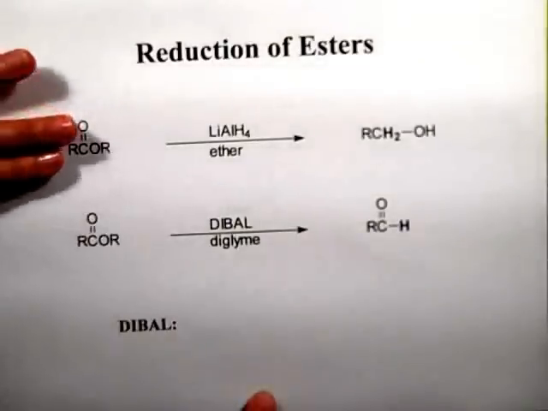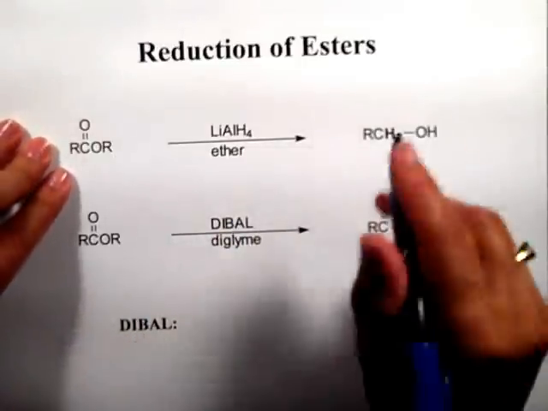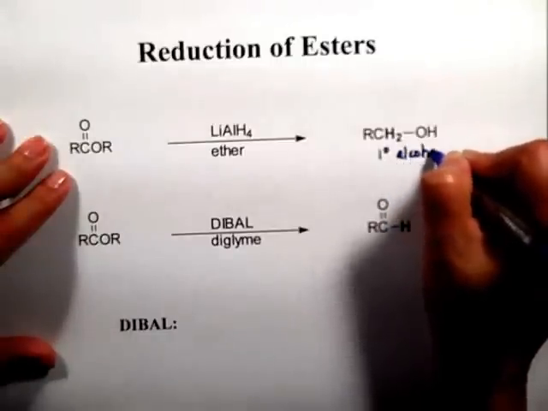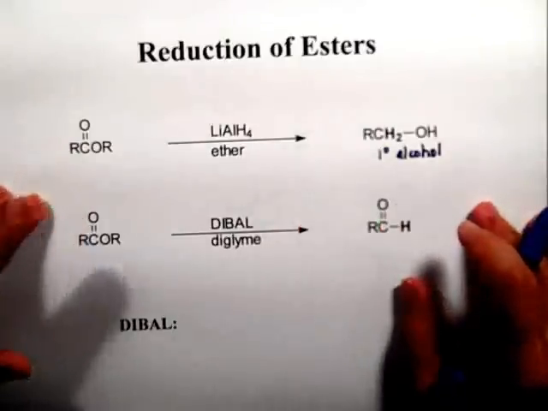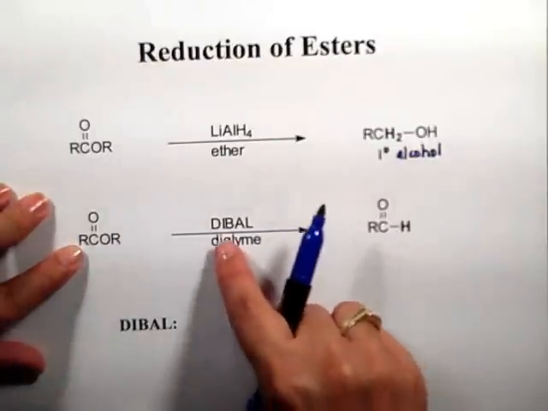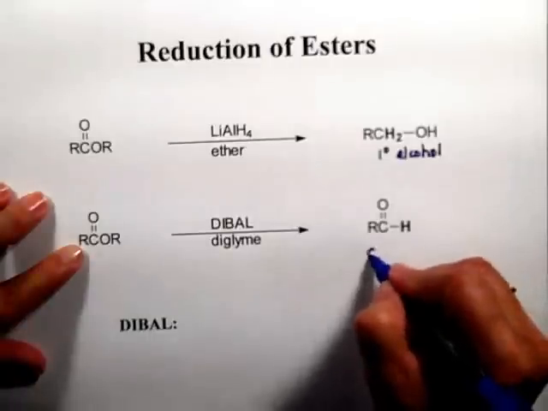Esters, we have seen this before. Esters can be reduced to the primary alcohol with lithium aluminum hydride. If you use one of the cousins of lithium aluminum hydride, like DIBAL, which we have used before, we're going to get an aldehyde out of it.